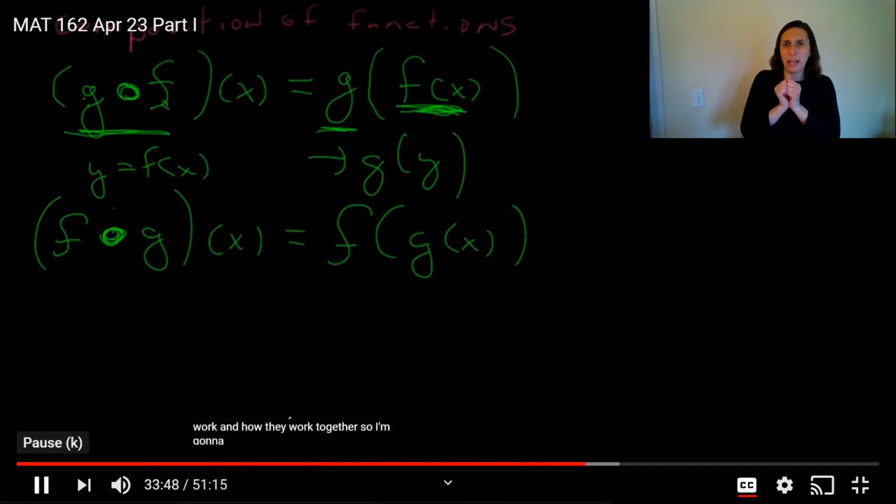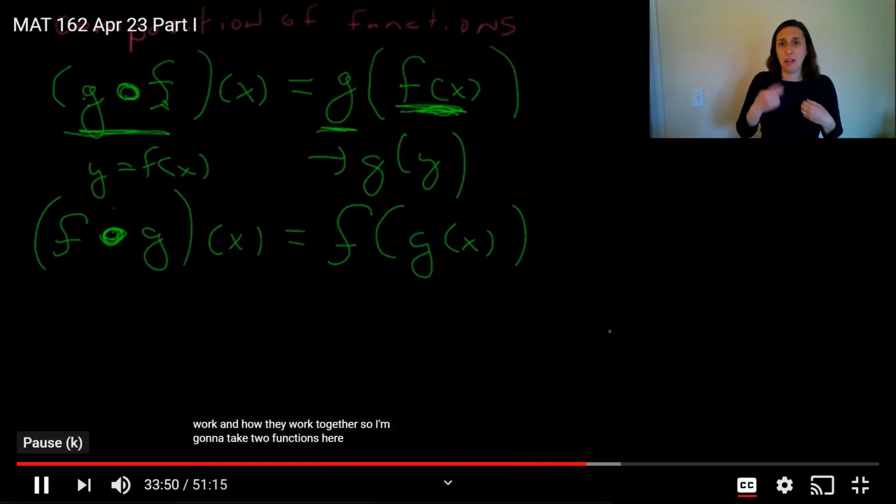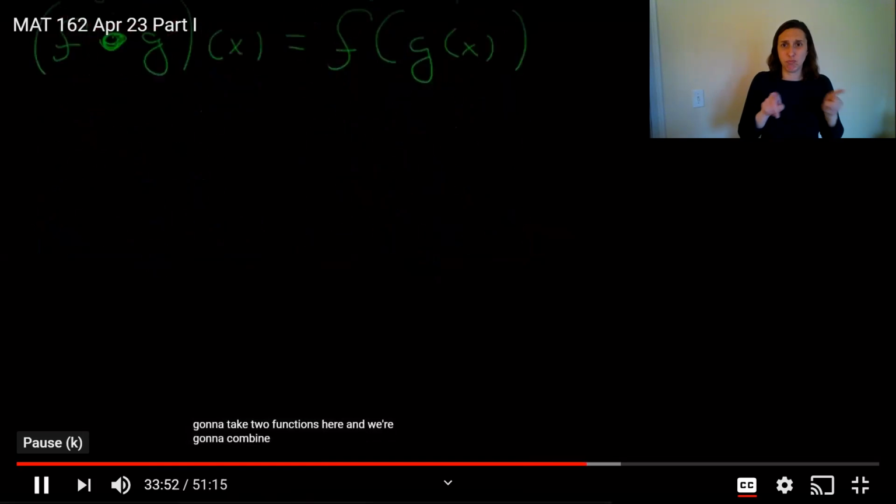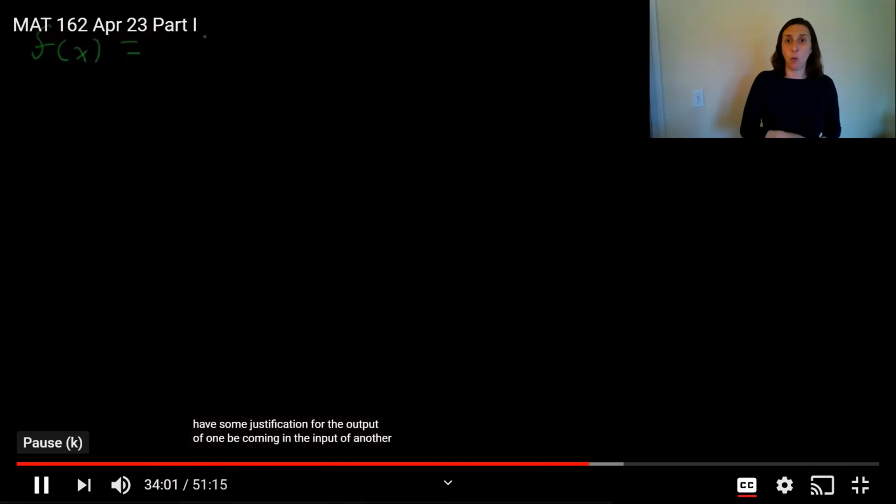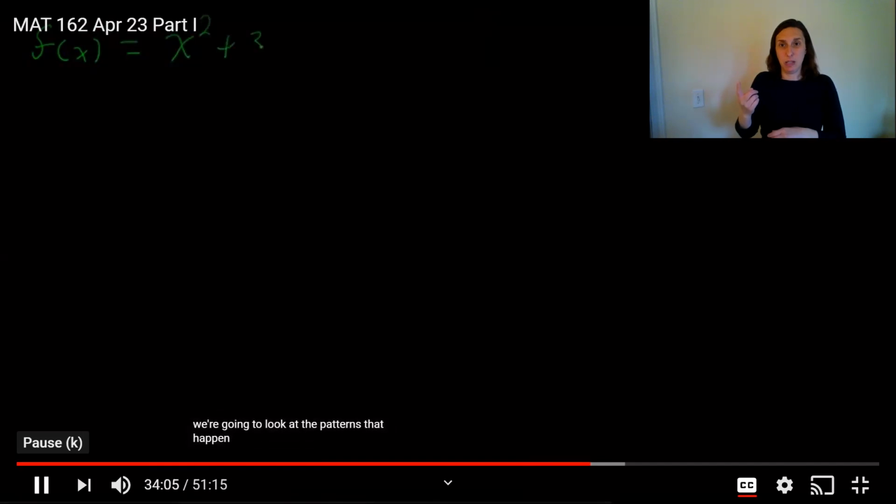So I'm gonna take two functions here, and we're gonna combine them. We're gonna make compositions of them. We're gonna say we have some justification for the output of one becoming the input of another. We're going to look at the patterns that happen with that.